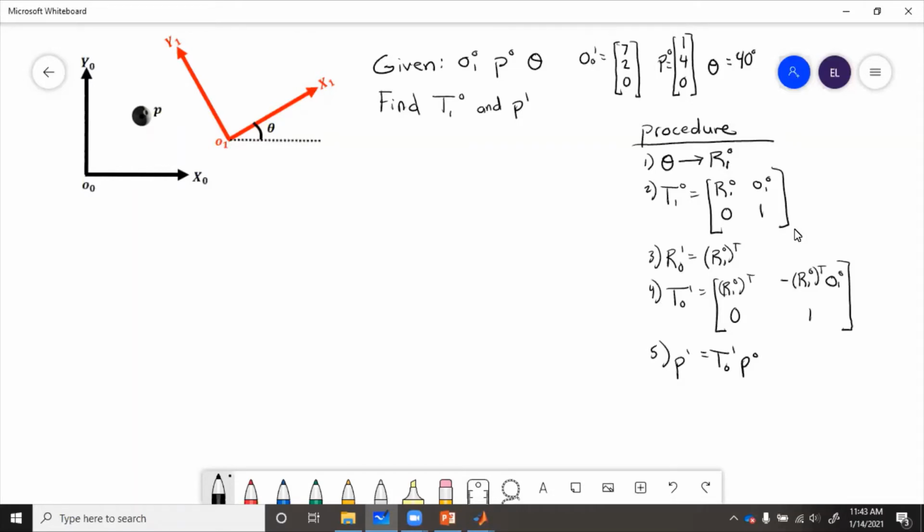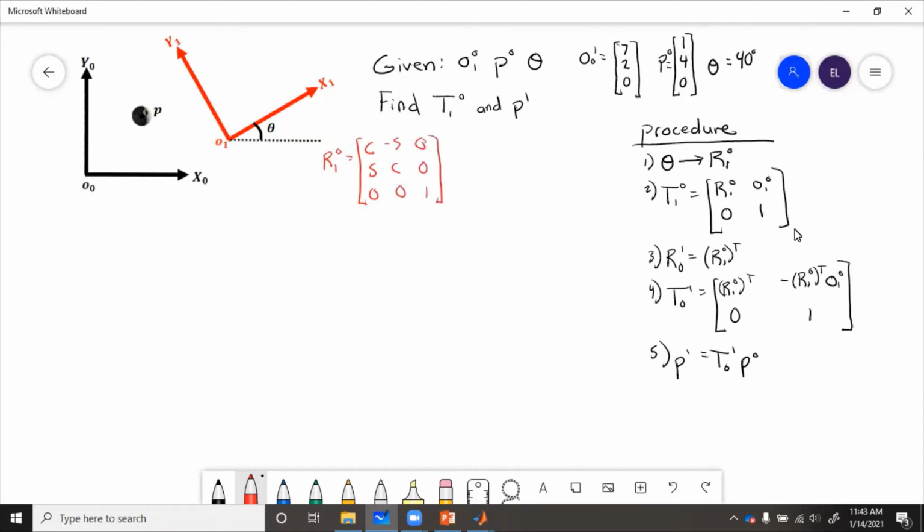Start with step 1. So theta goes to R10. Well, we actually found this from before. R10 equals cosine, sine, minus sine, cosine, 0, 0, 0, 0, 1.